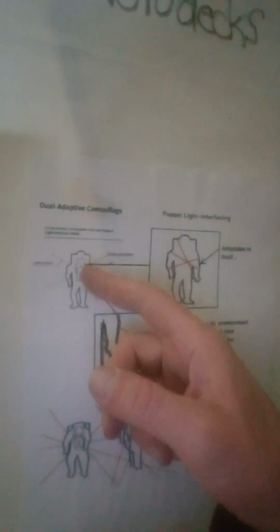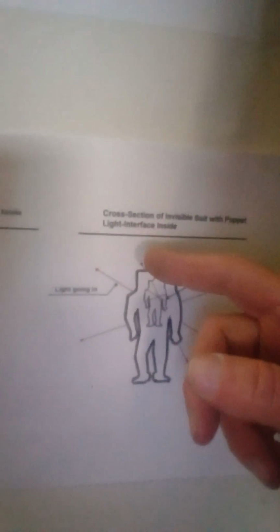Because it's dual adaptive to itself, its own interface, puppet interface, and its outside environment. And these are some other images of an invisible suit. According to me, that's the puppet interface inside the hump on the back of the suit. And this is a cross-section cutaway view of the puppet interface inside the suit.